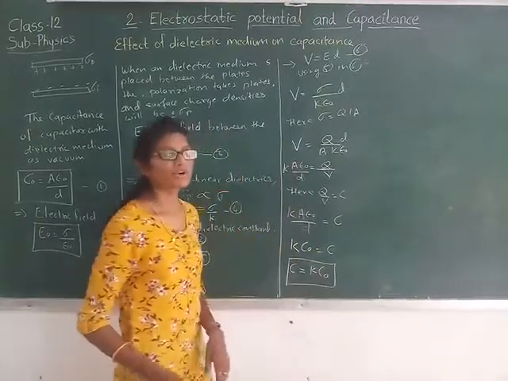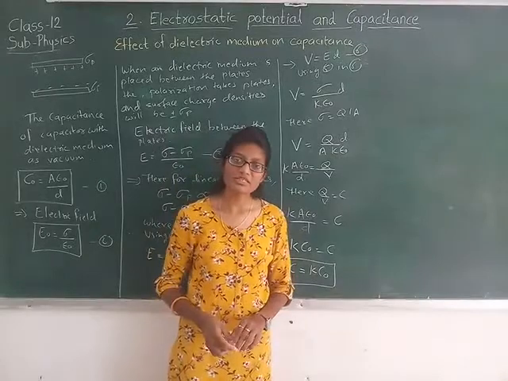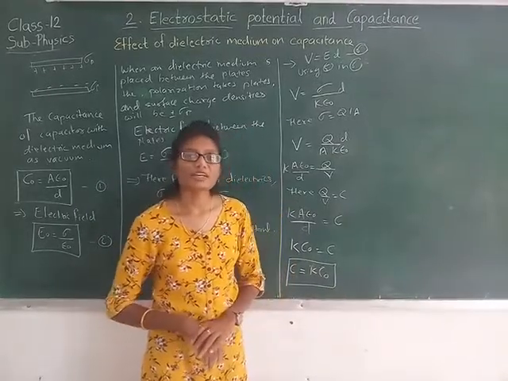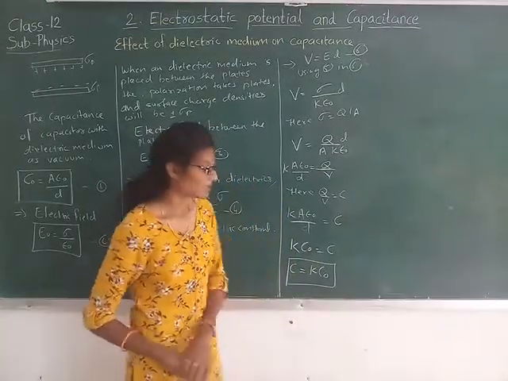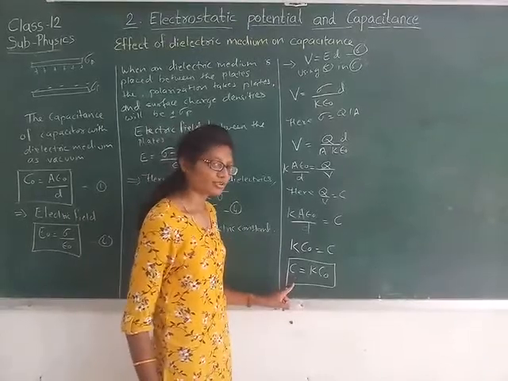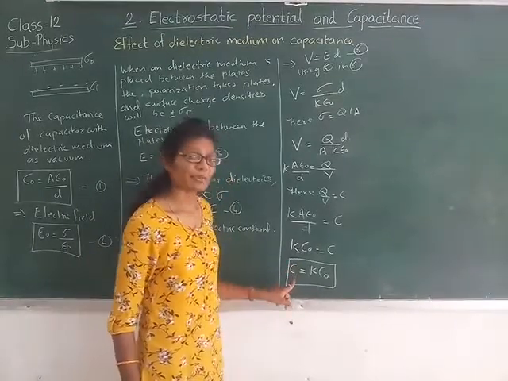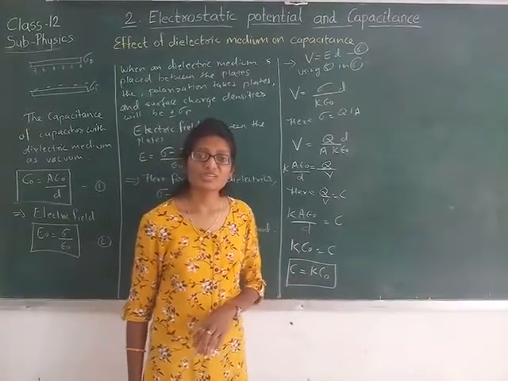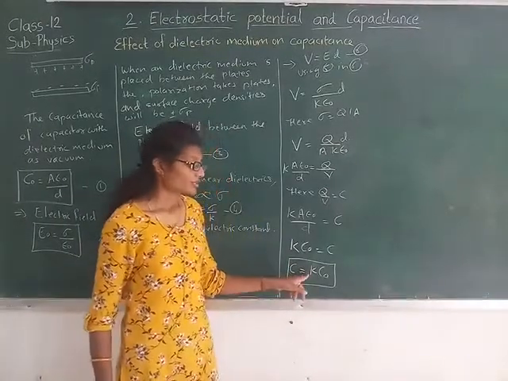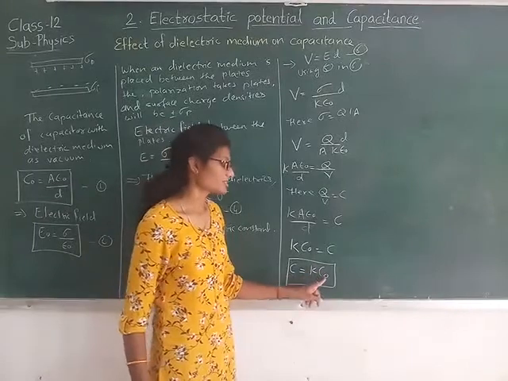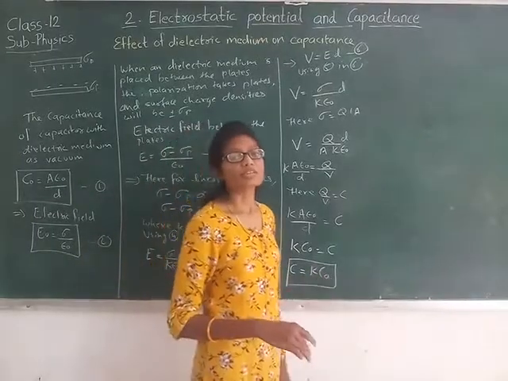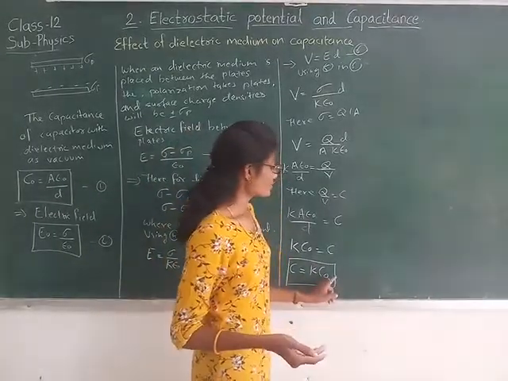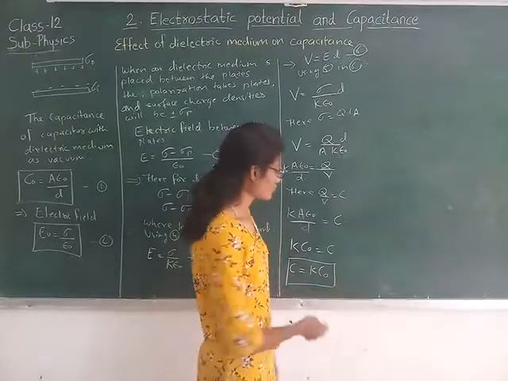Where C is the capacitance of the capacitor when the dielectric medium is placed between the two plates. So the capacitance of the capacitor when a dielectric medium is placed between them is equal to K times the capacitance of the capacitor with vacuum as the dielectric, right?